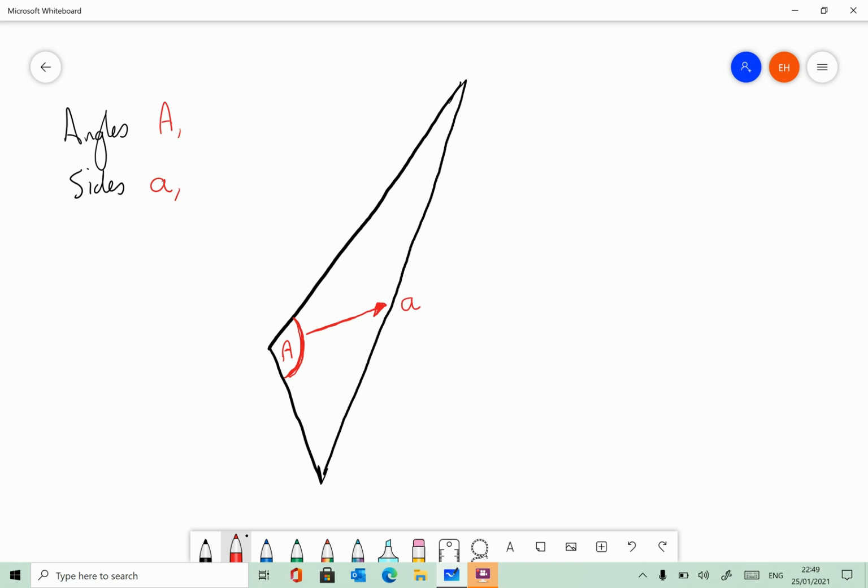The side that is not touching the angle A, the side opposite A, we call lowercase a. So we have big A, which is an angle, and small a, which is a side.